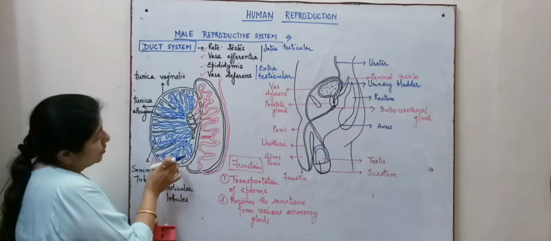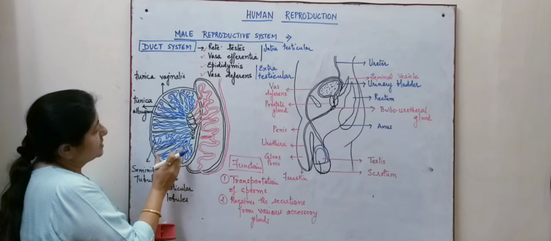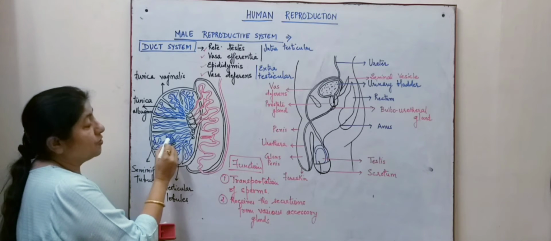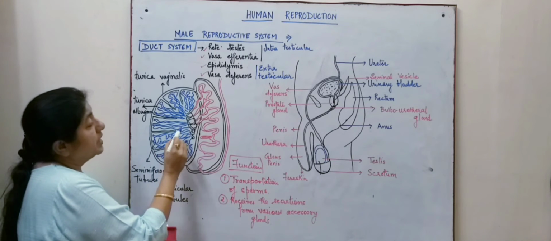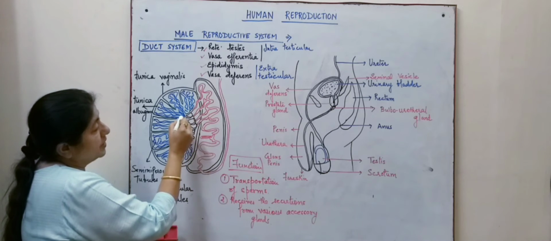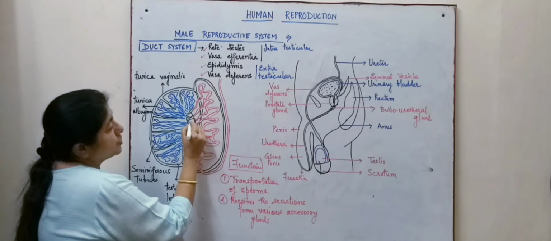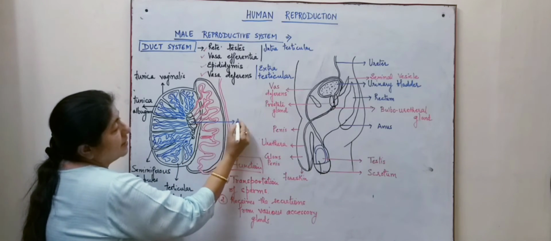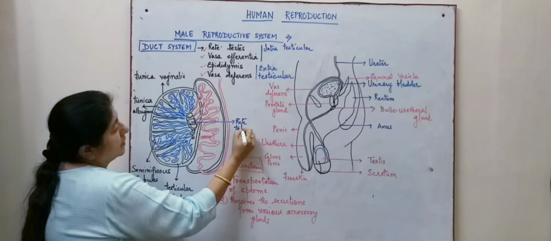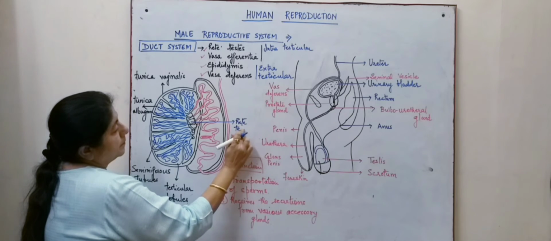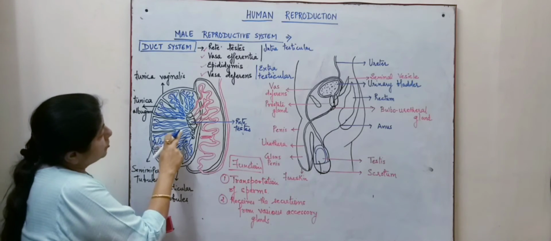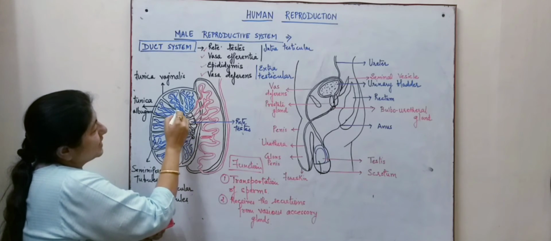In the previous video, we explained the structure of the testis, where each of the seminiferous tubules, which is a highly convoluted structure, opens up into the rete testis. Over here, this structure which you see in black is the rete testis.